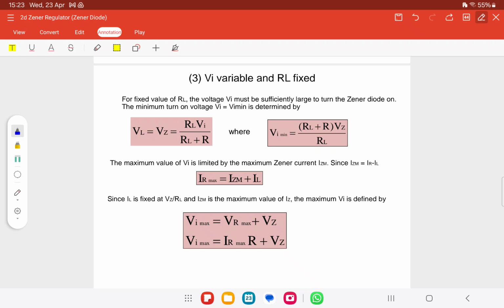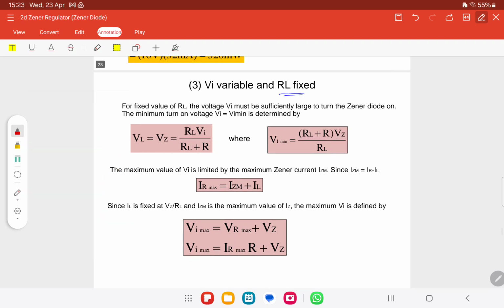That was quick. Okay. So the next condition is we vary the supply. This one we vary the supply, but we fix the load. Same as before, we use the voltage divider. This is the voltage divider formula. Guys, was the earlier discussion about that? Oh, already done. Okay, understood? Good, you don't need to ask me.